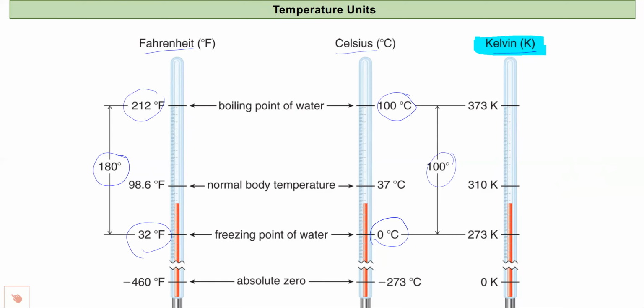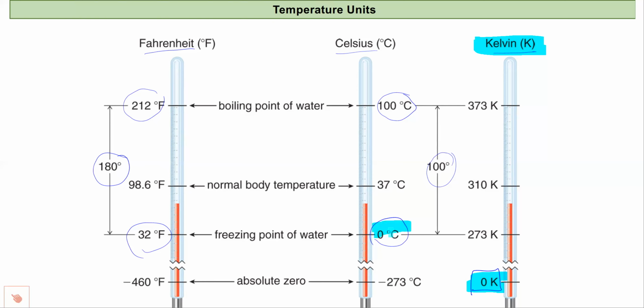Now, a degree Kelvin and a degree Celsius are the exact same. A 1 degree change in temperature in either scale is the same amount, which is handy. The difference is how 0 is defined. 0 on the Kelvin scale is defined as absolute 0, where a system has no kinetic energy.